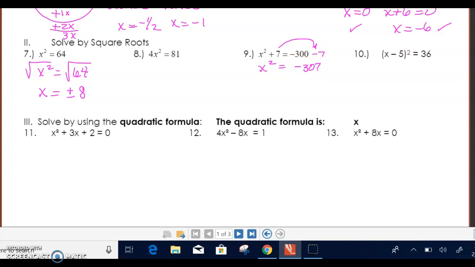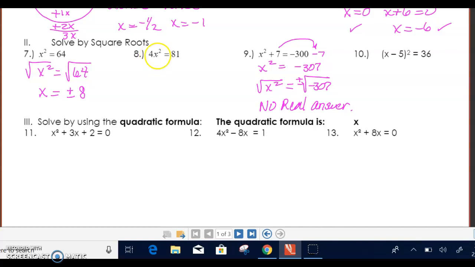When I go to take the square root of both sides, we have an issue because I'm square rooting a negative number. That's an imaginary number, and we're not dealing with imaginary numbers right now. So this one actually has no real answer. Later on, we'll look for that answer, but right now, there's no real answer.